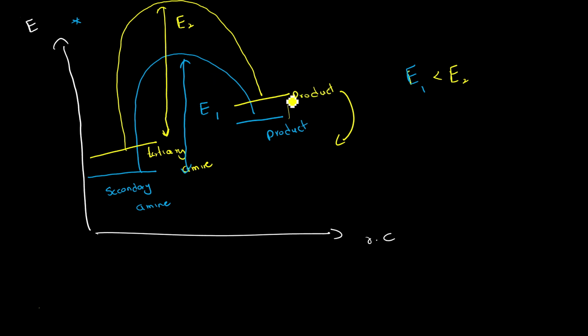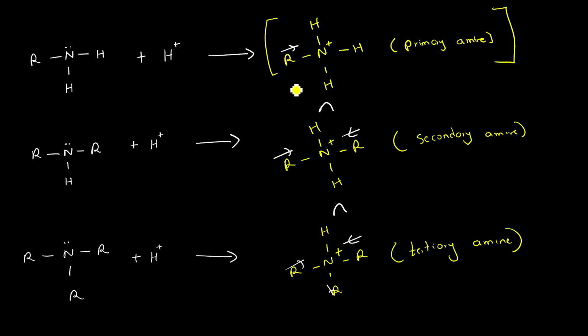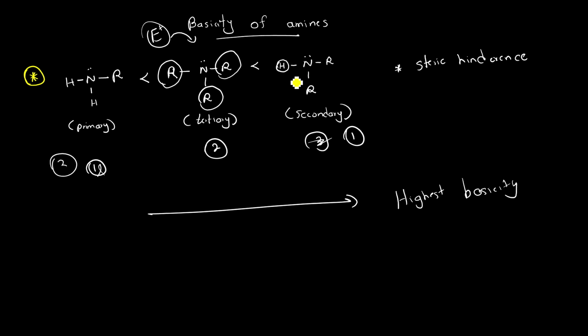Even though this changes, the activation barrier is higher in this tertiary one because of the steric hindrance. That's the point. If your exam paper asks for the explanation, the word steric hindrance should be there. That's a very important point.